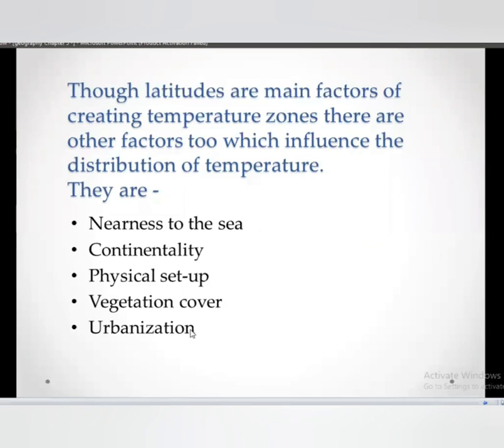Urbanization means the developed areas where due to development the temperature is affected. And next one is industrialization. Because of industrialization and emergence of industries, the temperature gets affected.